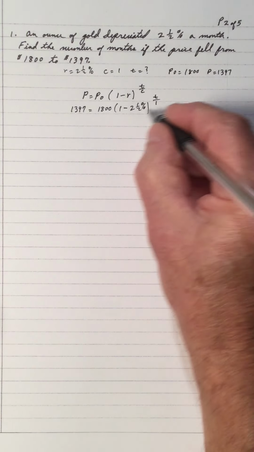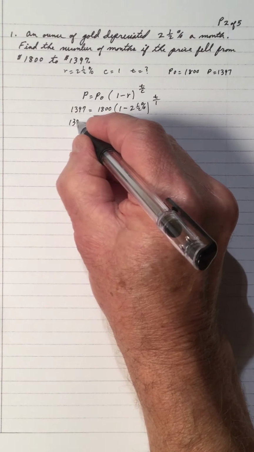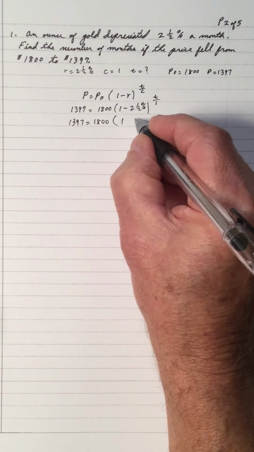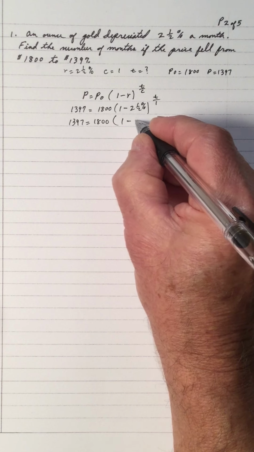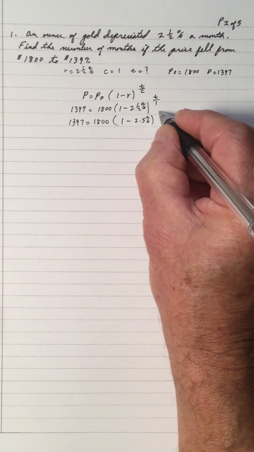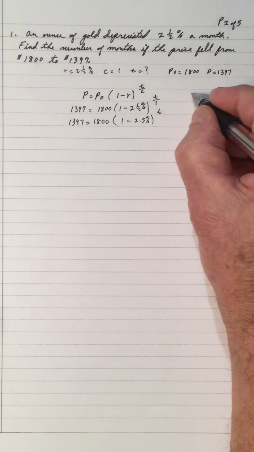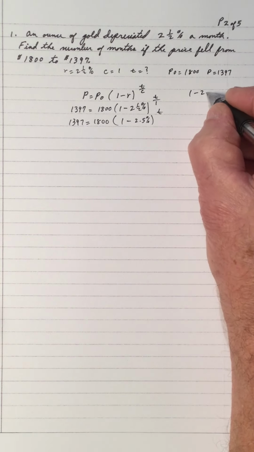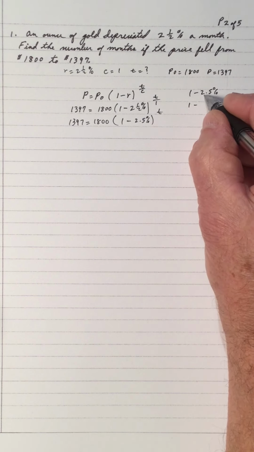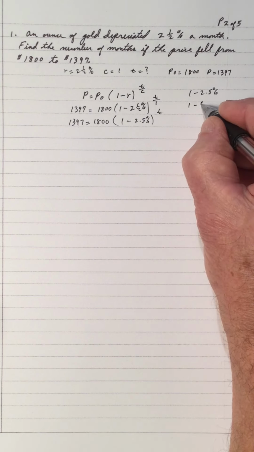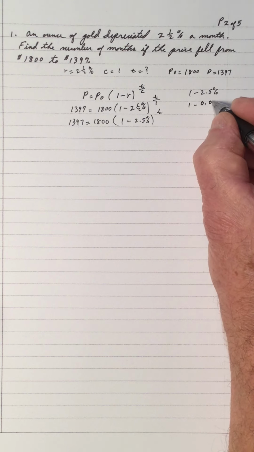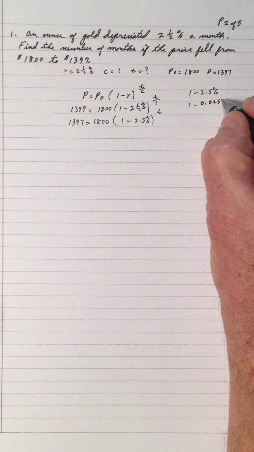So let's take the percent, 2.5, first. Let's take 1, subtract 2.5% and change it. Percent to decimal: move your decimal place 2 places to the left, 0.025.